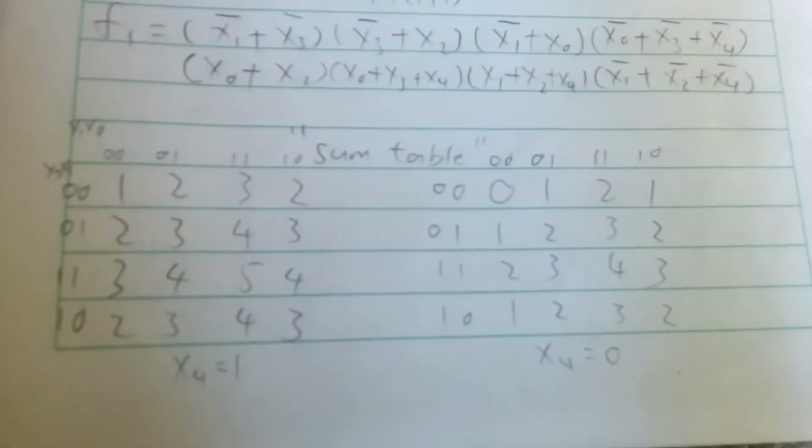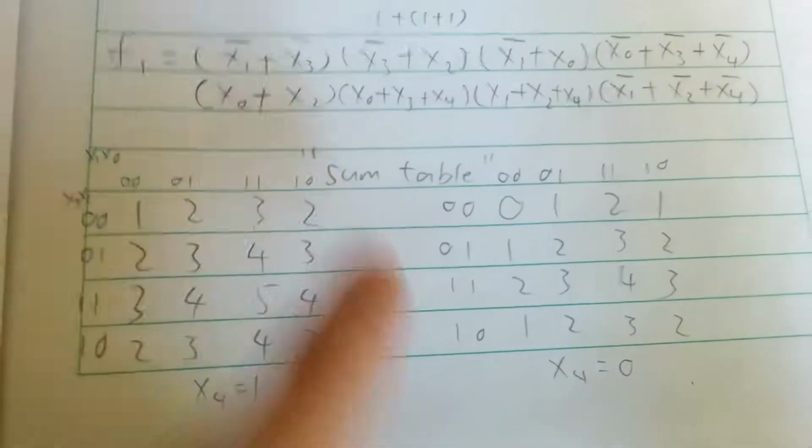And then I draw this kind of sum table for me to quickly write down the ones or zeros on the K-map here. So let's first take a look at f2. When f2 is 1, the sum should be 4 and 5, right?